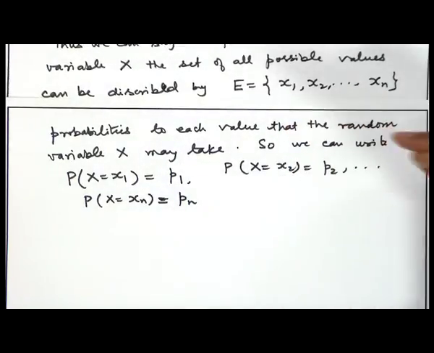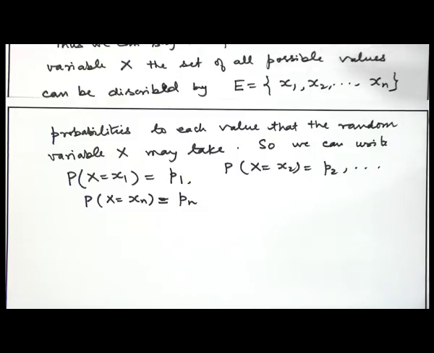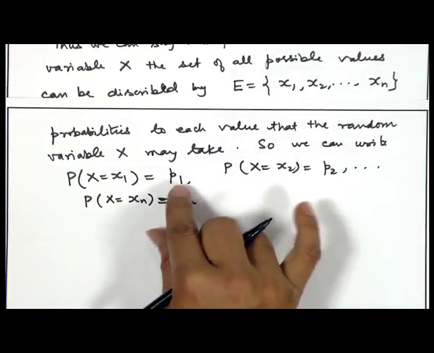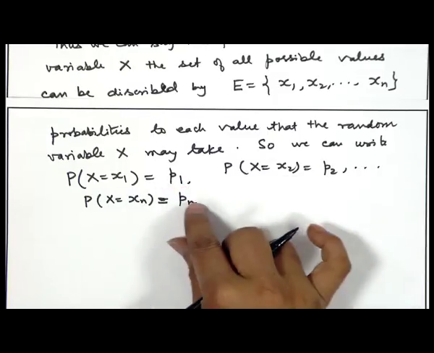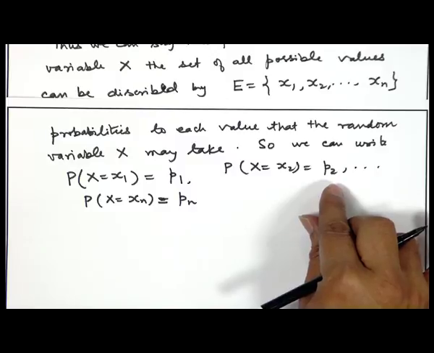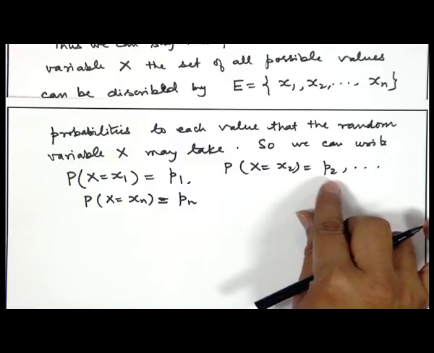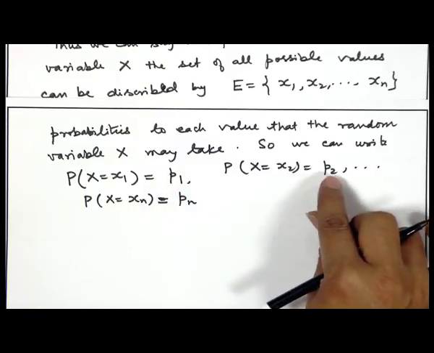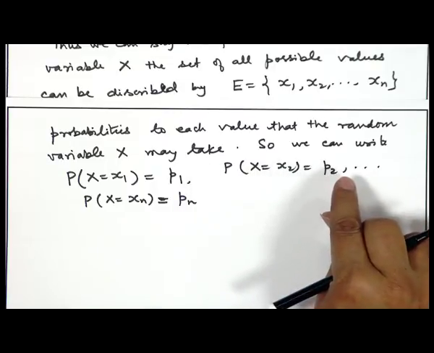Now, in the original sample space, when the allocation of the probabilities was there, some conditions were satisfied. For example, the sum of all the probabilities is 1. Now, those probabilities have been transformed to p1, p2, pn. Therefore, the sum of pi's must be equal to 1. Also, these are all probabilities, so all the probabilities must be non-negative.